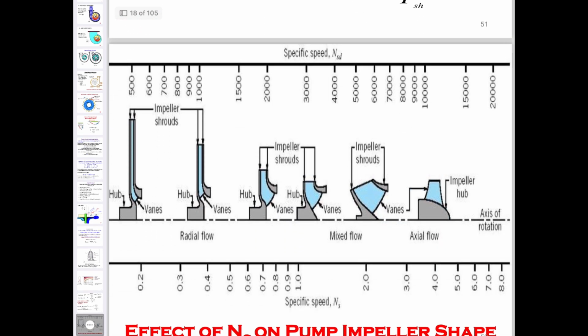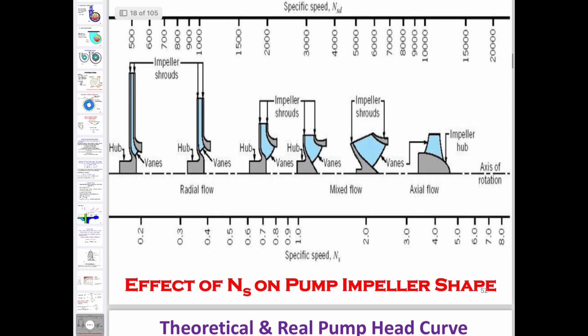Seeing this picture, the vanes are designed for rotation, with different types of screws designed for specific speeds depending on the liquids.